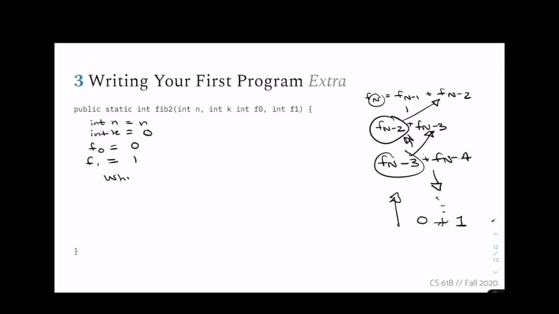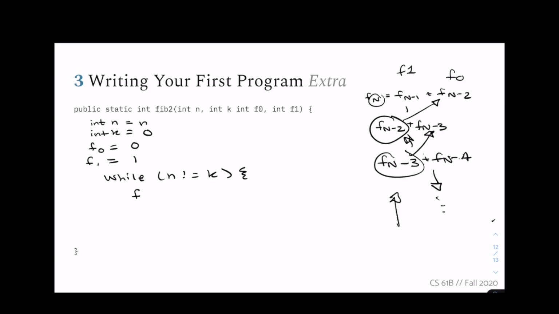So we'll create a while loop while n is not equal to k, or you can also write while k is less than n. Those will achieve the same thing. So let's see, in every iteration, let's say this column is the f1 and this column is the f0.